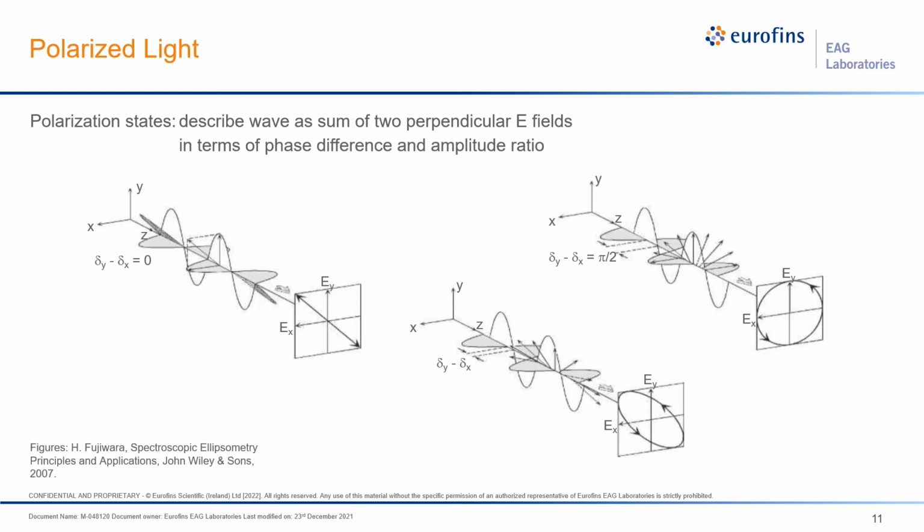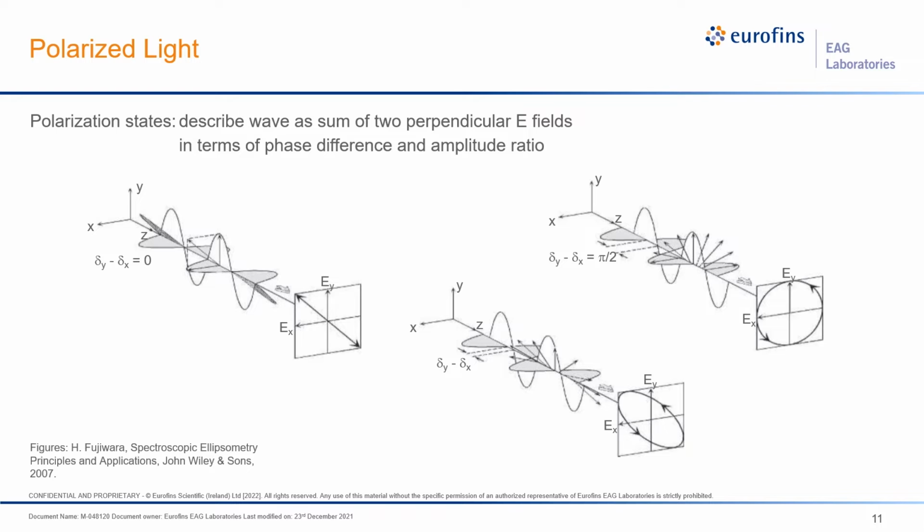Several types of polarization can be distinguished. When the orthogonal x and y components are in phase with each other, a linearly polarized wave results, as shown here at the top left of the slide. If the orthogonal waves have a phase difference of 90 degrees and are of equal amplitude, the light is circularly polarized, as you can see at the top right.